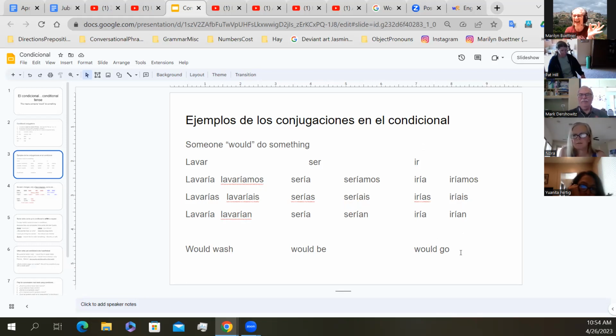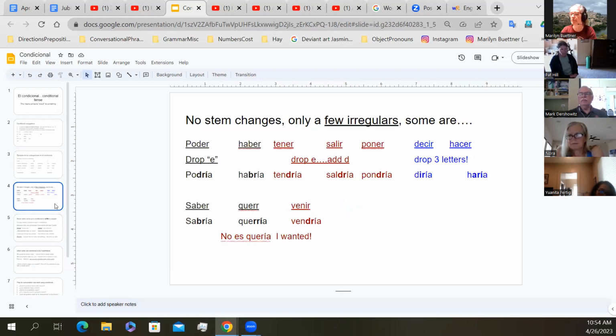So, ojo, watch out, because every once in a while, when you get a long verb like trabajar, funcionar, one of those three or four syllable verbs, you'll notice that it's a little troublesome to keep that whole infinitive together and then tag on that ending in terms of pronunciation. A little harder to pronounce.